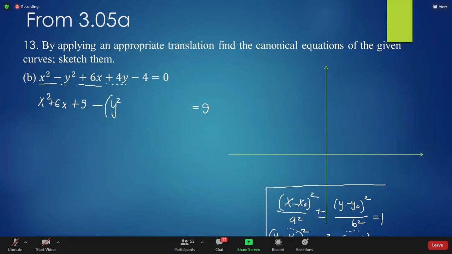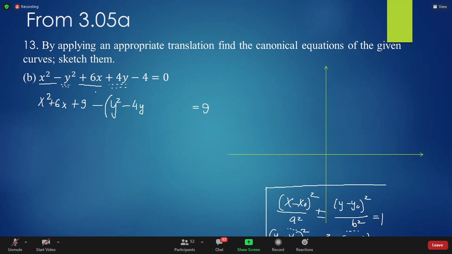So minus comes outside. In order to combine it with 4y correctly, I now need to write minus 4y. Because my minus is already before the parentheses, opening the brackets, minus must become plus.